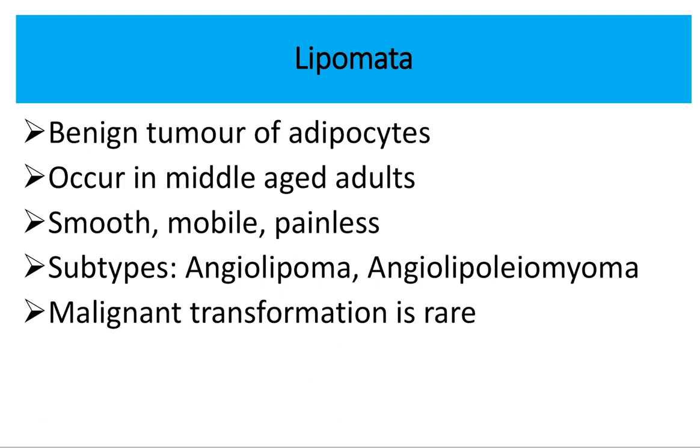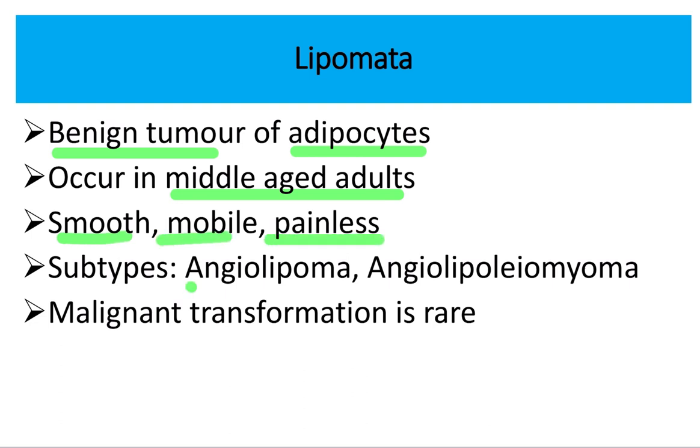So first of all, let's see the lipomata or lipoma. The lipoma is a benign tumor arising from the adipocyte or fat cell. So if any tumor develops from the fat cell, this is known as a lipoma, and it occurs in middle-aged adults, and it is smooth and mobile.